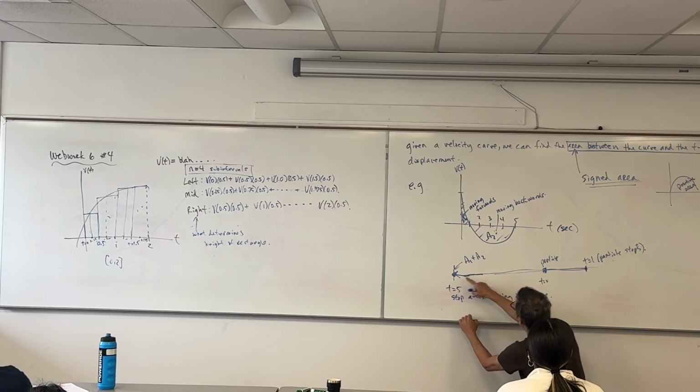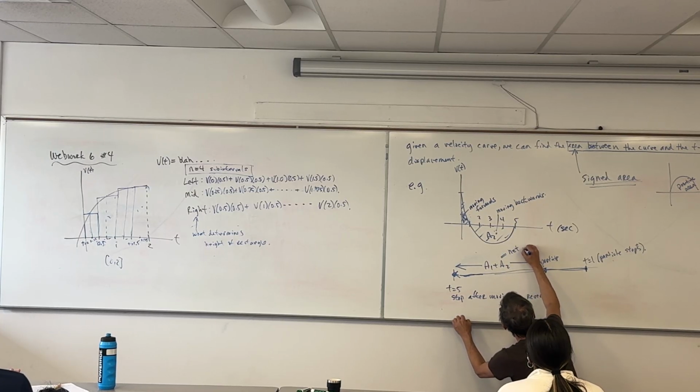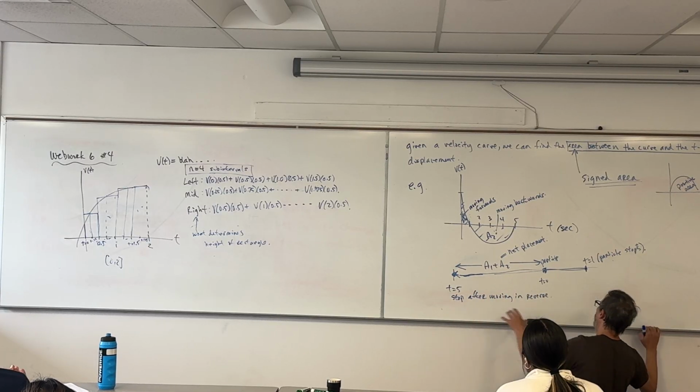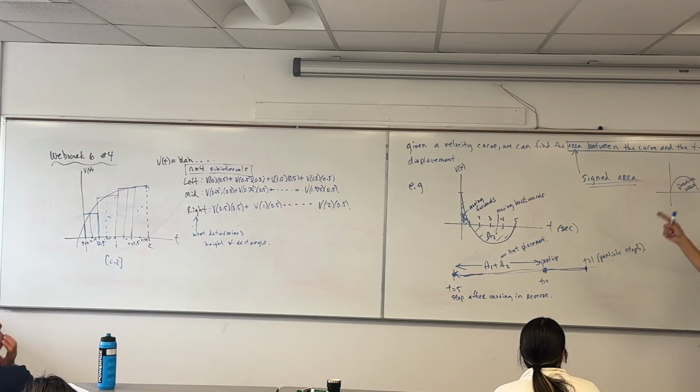It's your final displacement, and that is my net displacement. Even though I did travel forward, I'm just looking at the final change after the process is complete. But it's all about these positive and negative areas. That's the key.